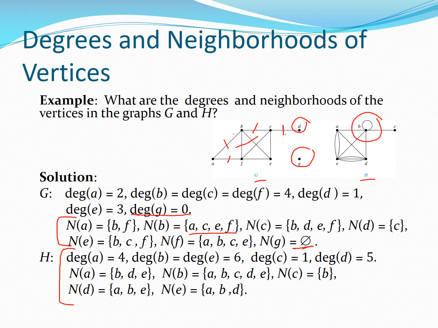So you have edges AB, EB, DB, CB, and then also from B to B. Each of these edges connecting B to these other vertices adds a 1, but the loop adds a 2 to the degree. So you have 1, 2, 3, 4, 5, and 6. So the degree of B is going to be 6.